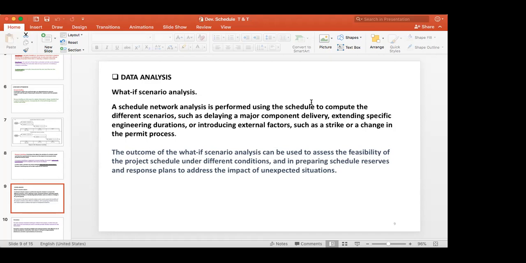If there are some external factors, you have to think of the action you are going to take if such a thing happens. What am I going to do if this happens? Likewise, you discuss the risks and how to incorporate these things in the network if that thing happens. So it is a what-if scenario analysis.